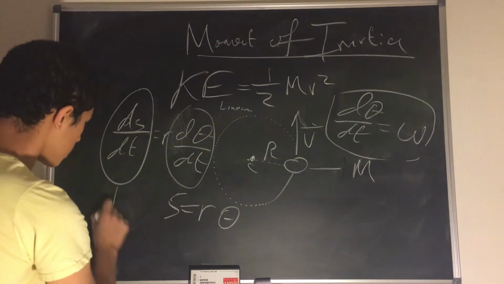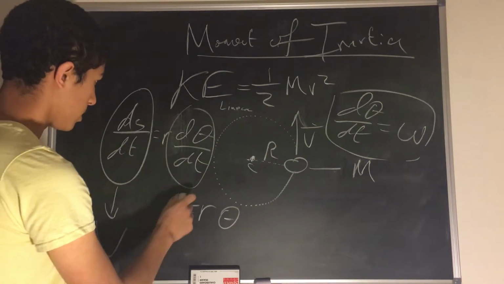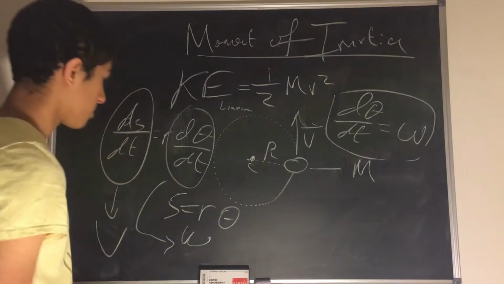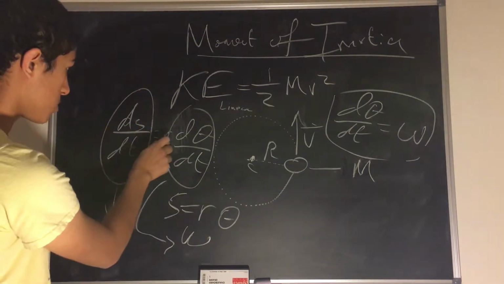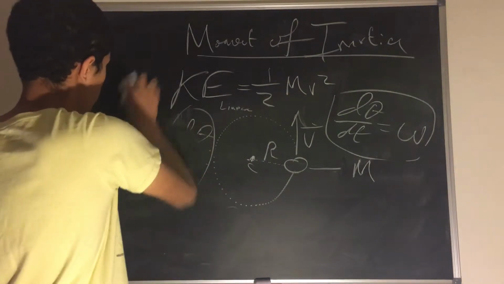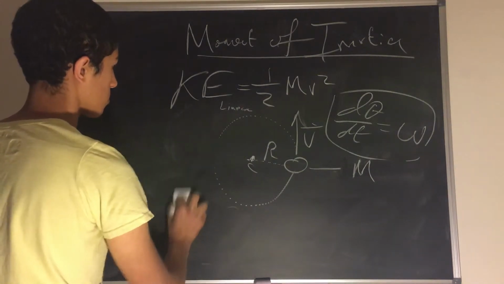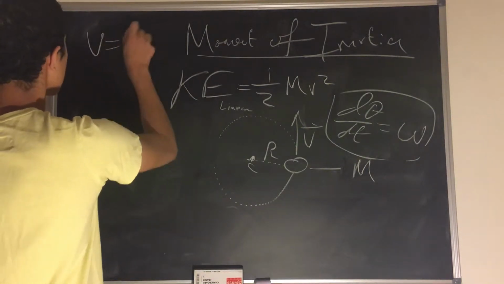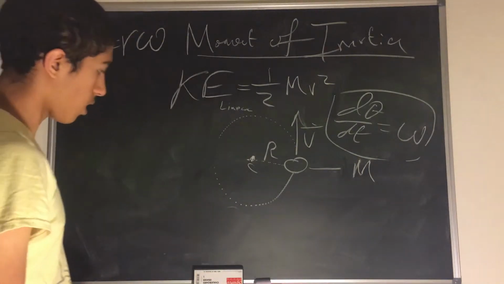Now ds over dt is equal to v, and d theta over dt is equal to omega. So now we have v is equal to r omega.